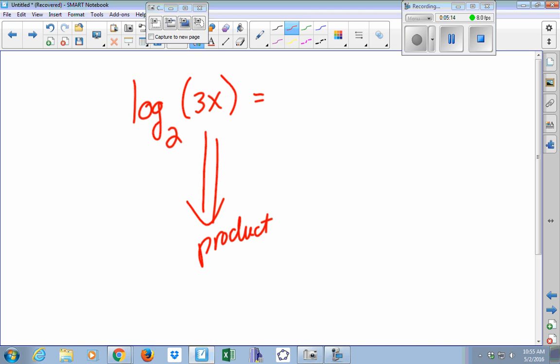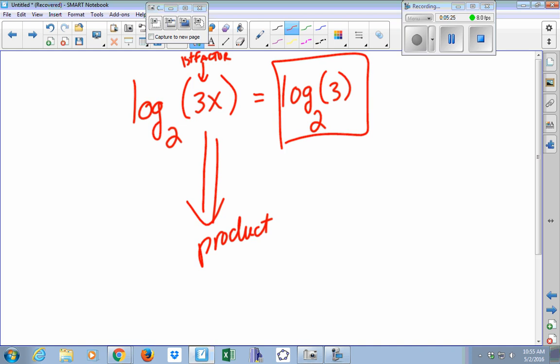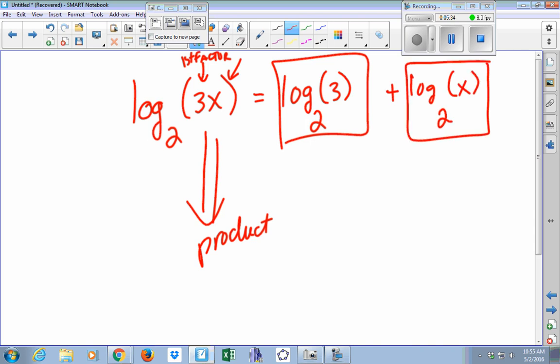So yes, this would be log base 2 of 3, which is your very first factor right here. Your first factor is your first exponent. There's your first exponent. That's just an exponent. And you add to it log base 2 of your second factor, x. So if we knew what x was, we could get the answer here and we could smush them together, but we don't know what x is, right? Any product with the same base, the log of any product is the sum of the factors.